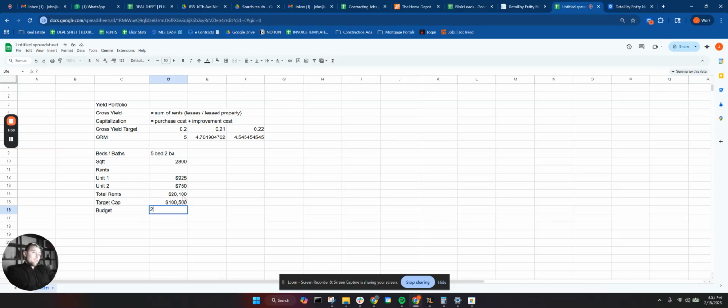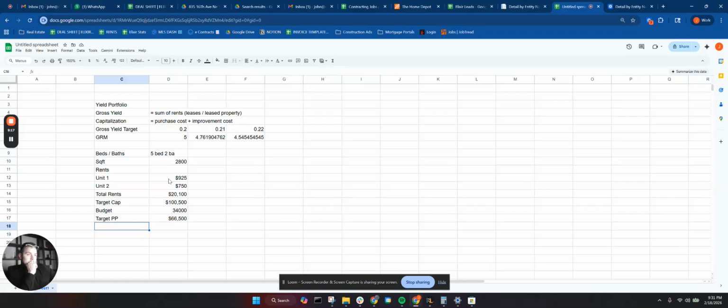So we found out the budget was $34,000, and that means that our target, we're going to call it PP for purchase price, is our total cap minus our budget, which is 66.5. Okay.